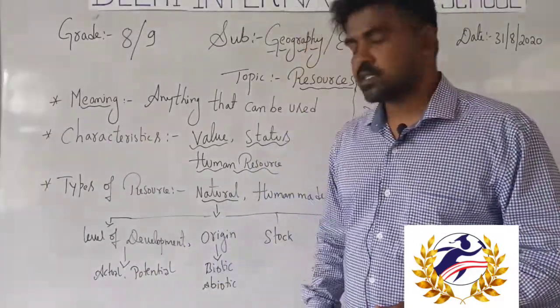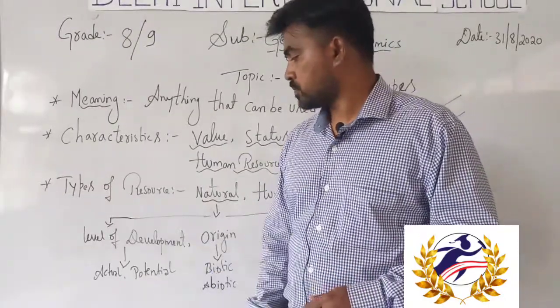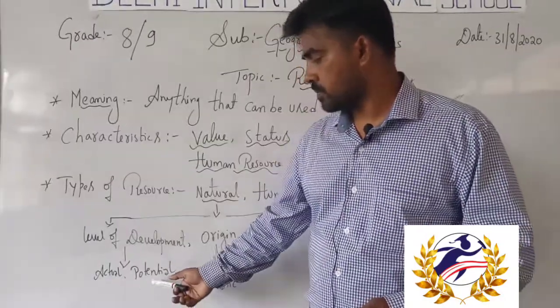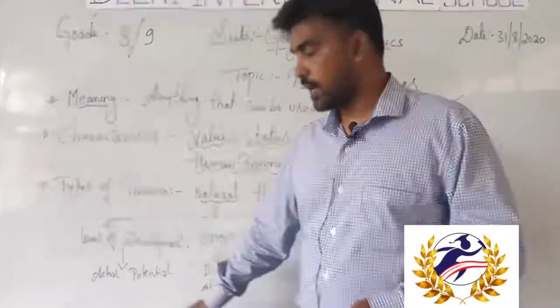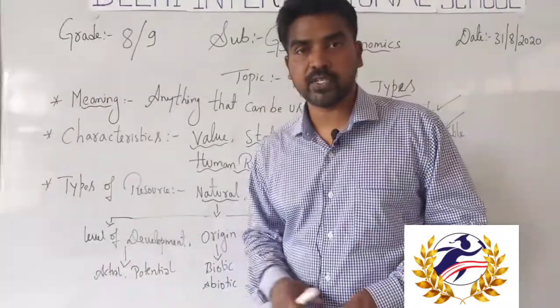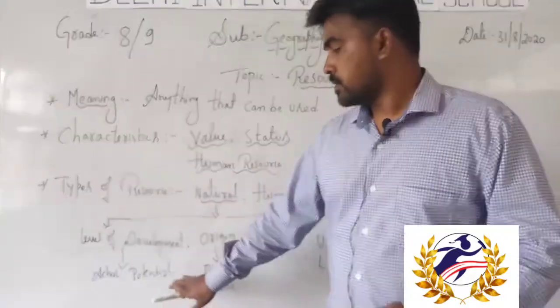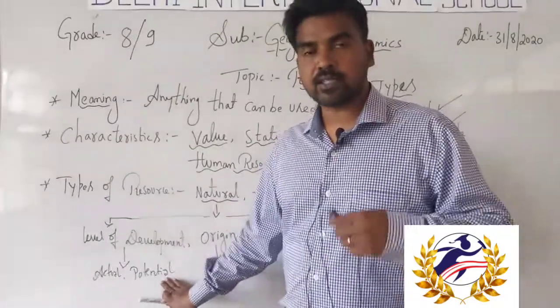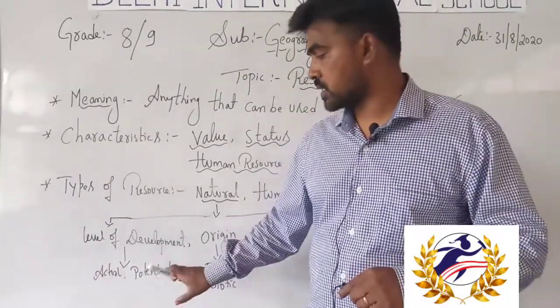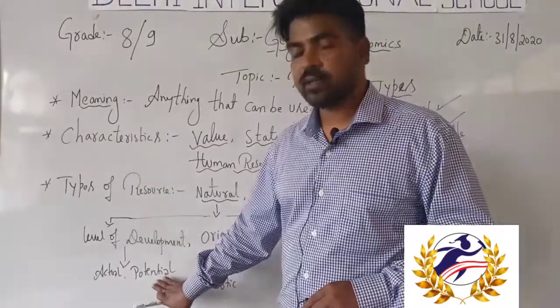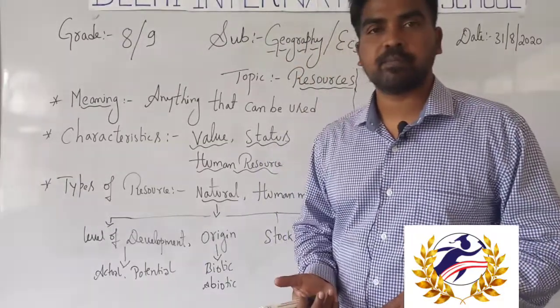Potential means we don't know the value of the resources and we are not able to use them at present or in future. Sometimes we know but still can't use them. Such resources are called potential resources. For example, uranium.